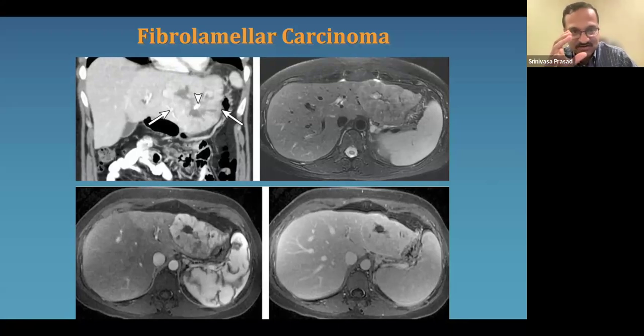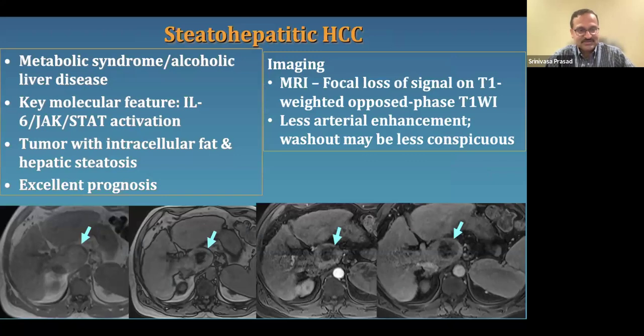So the size of the scar, with or without calcification, and the overall heterogeneous contrast enhancement of this mass suggest that we are not dealing with focal nodular hyperplasia, we are dealing with a fibrolamellar carcinoma.